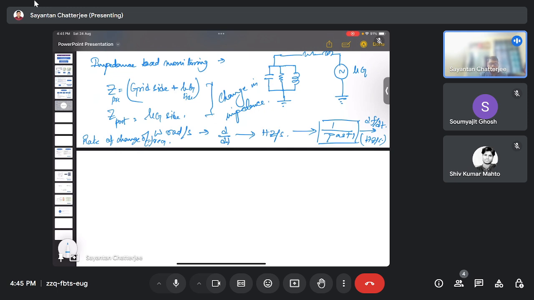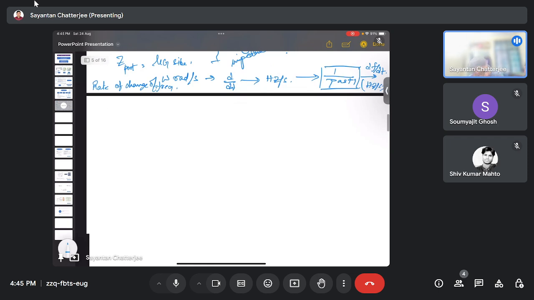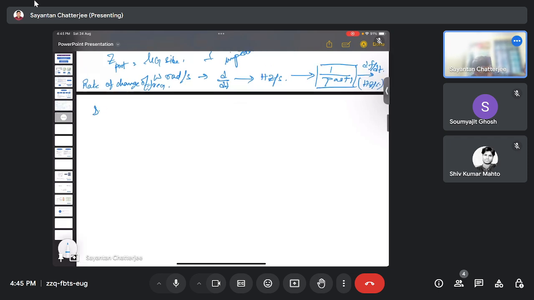If that df/dt value is greater than some limit, then a change of frequency is observed, and that would result in the identification of whether it is grid connected mode of operation or islanded mode of operation. But the rate of change of frequency has some drawbacks.